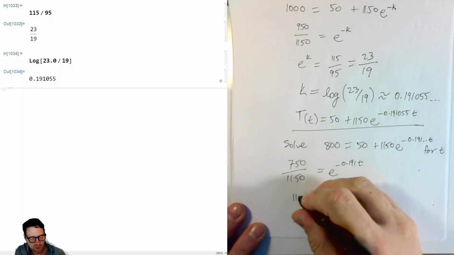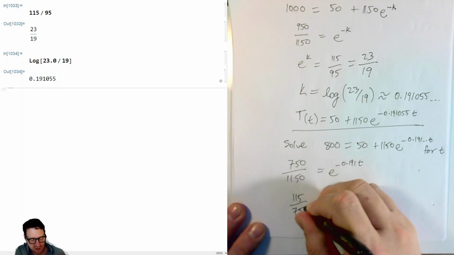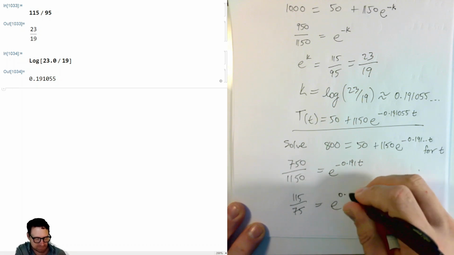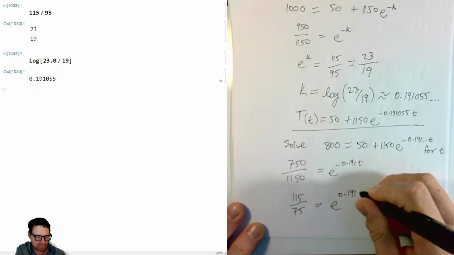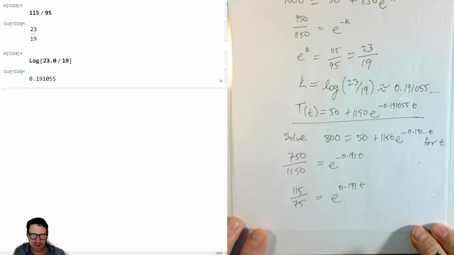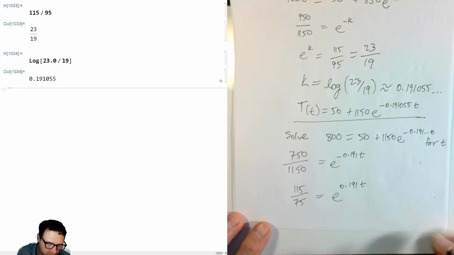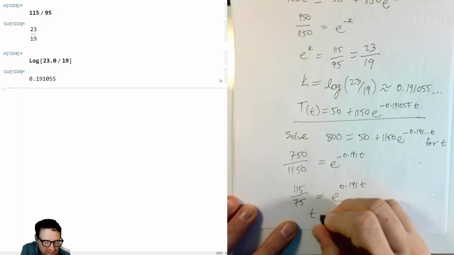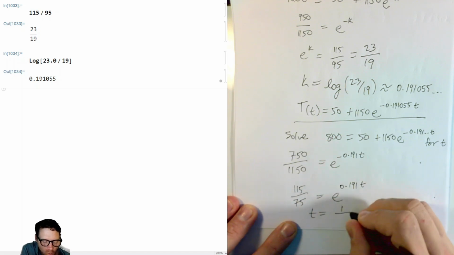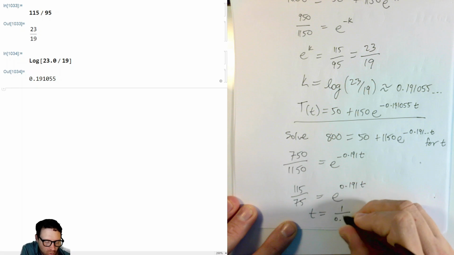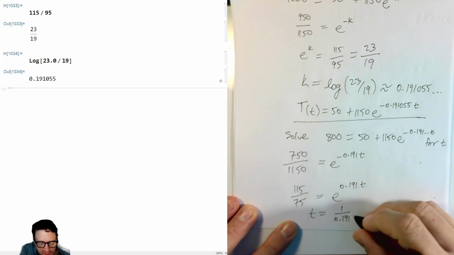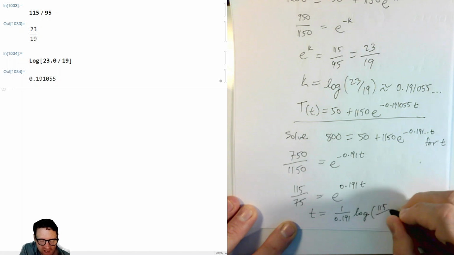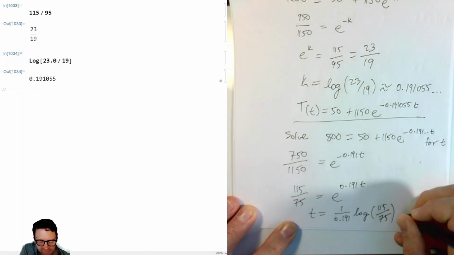Now let's invert both sides. So we would have 115 over 75 is e to the kt. And then now let's take the natural logarithm. And so we have t is equal to 1 over 0.191 natural log of 115 over 75.